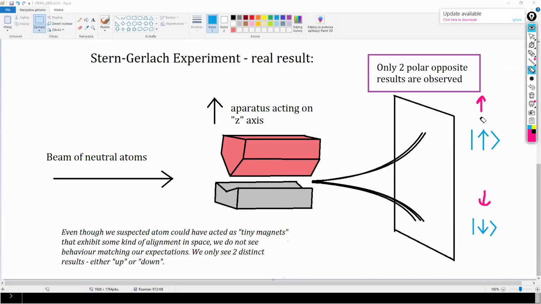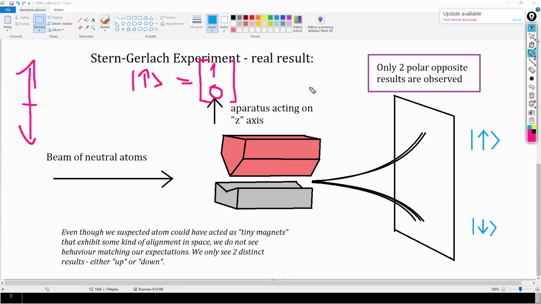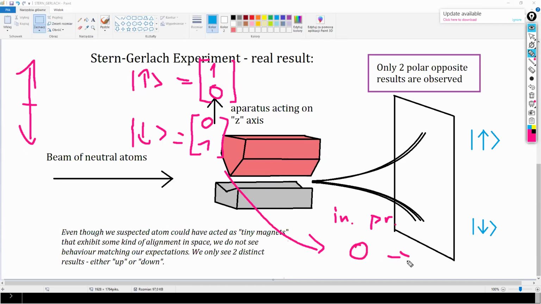Even though we say that the up state is a vector that is 1, 0, and the down state is a ket vector that is 0, 1, when we perform the inner product of these two states, the result is 0, meaning that they are 90 degrees apart, right?